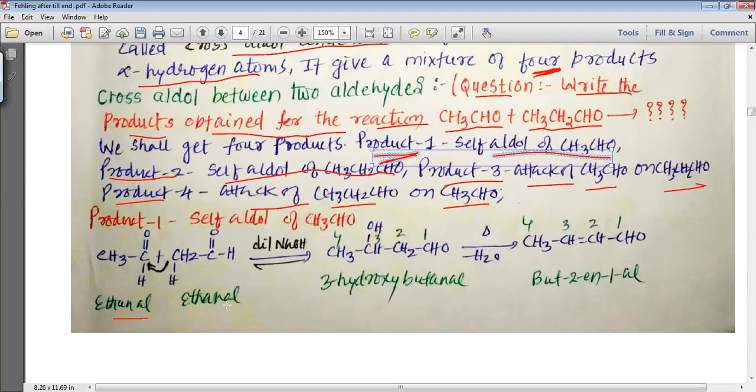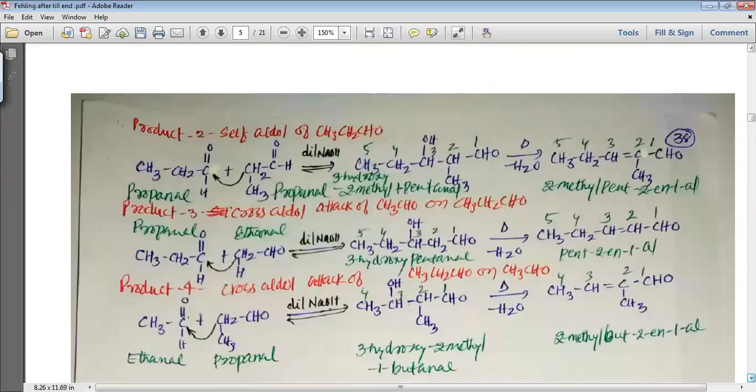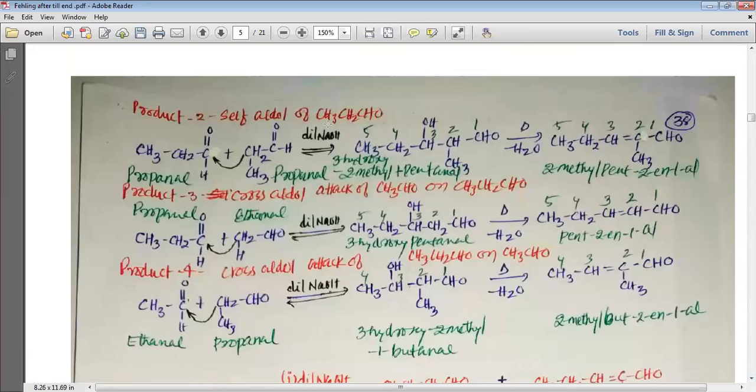Here ethanal attacks on ethanal and we get but-2-enal. This is also known as crotonaldehyde. This is what we have already studied, so we are not discussing it much. This is the product that we get from the self-aldol of ethanal. Now, my dear students, you know about propanal. This is the alpha carbon.